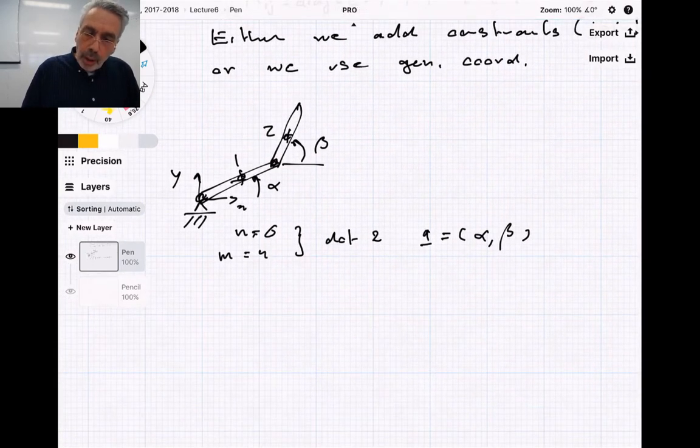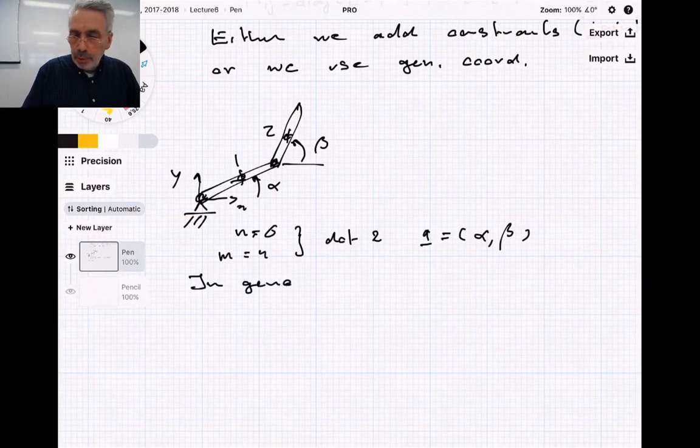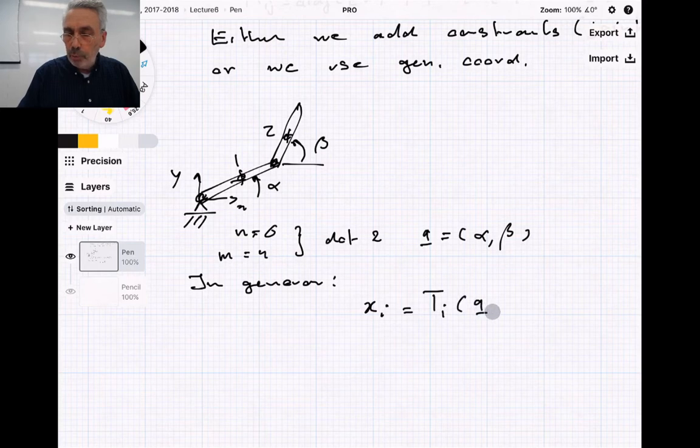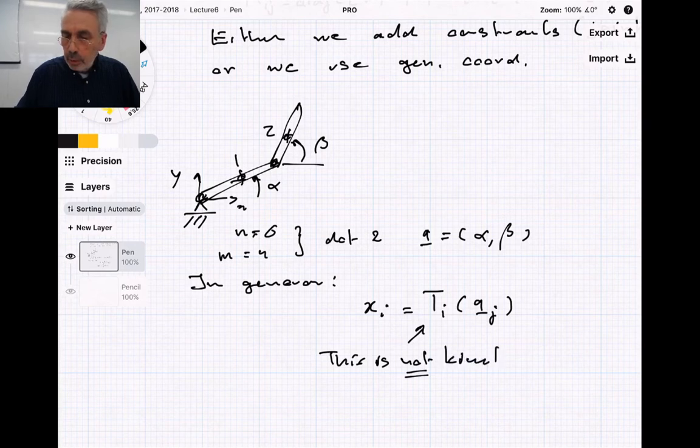So, in general, with these generalized coordinates, we have a mapping defined so that we can find our center of mass coordinates just as a function of our generalized coordinates. And note, this is not energy. This is not kinetic energy.